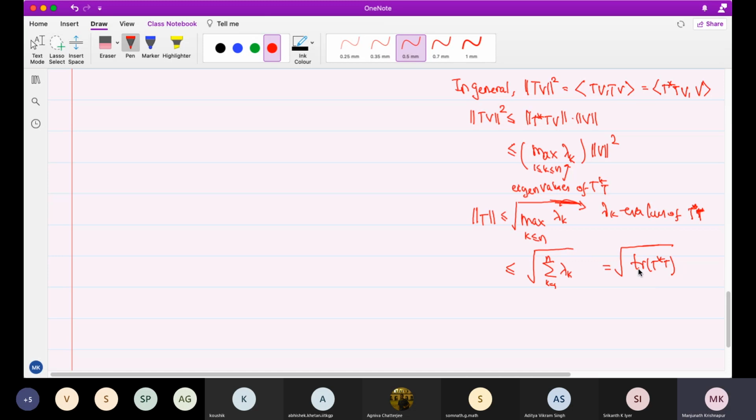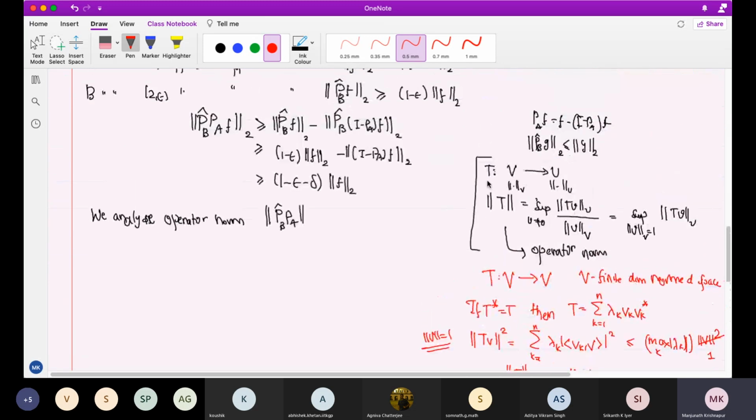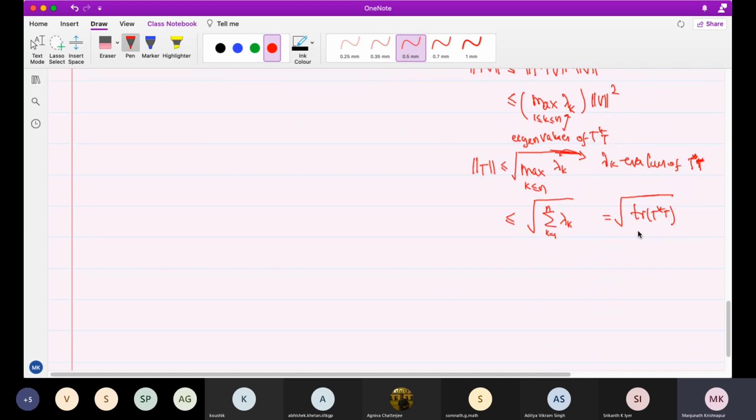So I was just saying some basic things about the operator norm. I defined the operator norm, and I have shown that it is bounded by this quantity, which is also well known. This is called the Frobenius norm or the Hilbert-Schmidt norm. F is for Frobenius, and HS is for Hilbert-Schmidt.